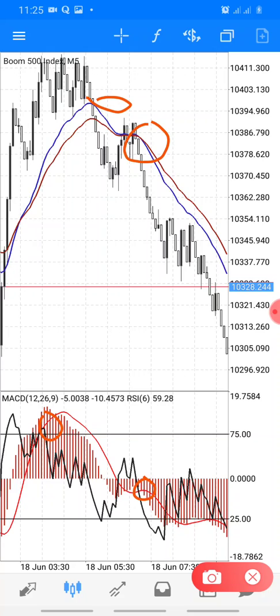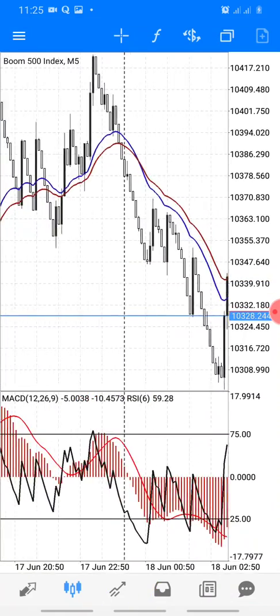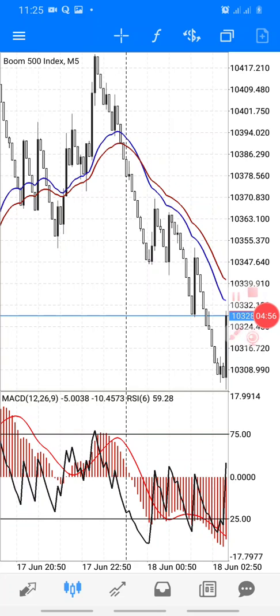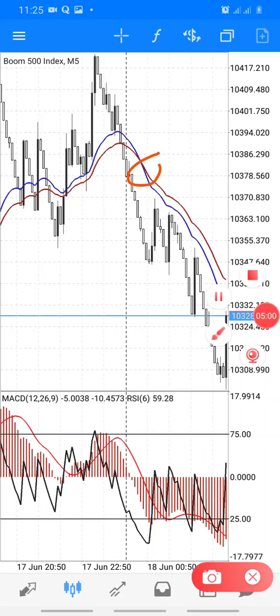Now how do we draw comparison from all these crosses to place our trade? The first thing I want you to understand is whenever the moving average 23, which is the blue line, crosses the red, the RSI will cross the MACD in some other region too.